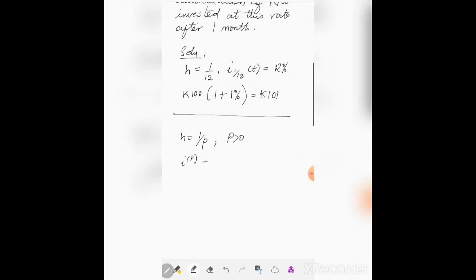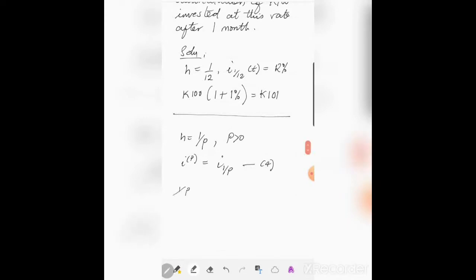So i to the power p is just simply saying i subscript 1 over p. And this we call Equation 4.